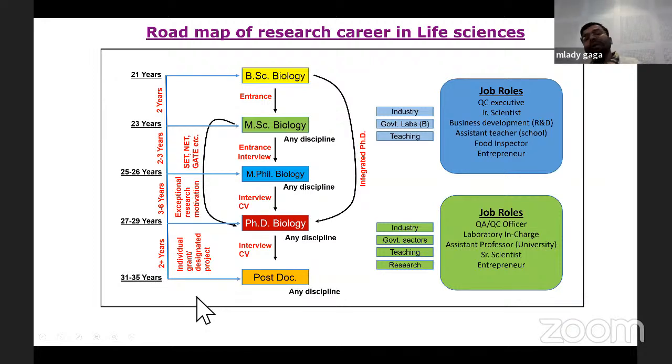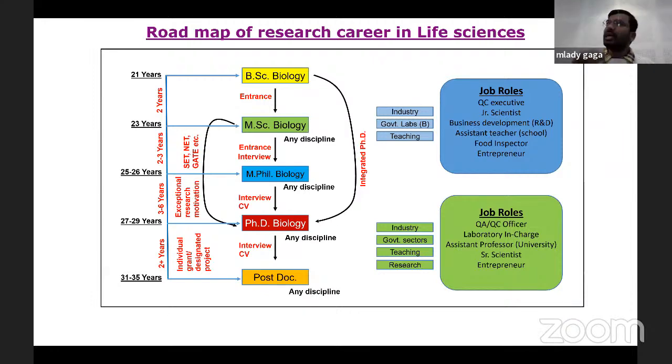Then another way to join for research is to apply for a designated project. So what is a designated project? If I am a professor, I have a project to work on a certain kind of problem, like artificial photosynthesis, assume.